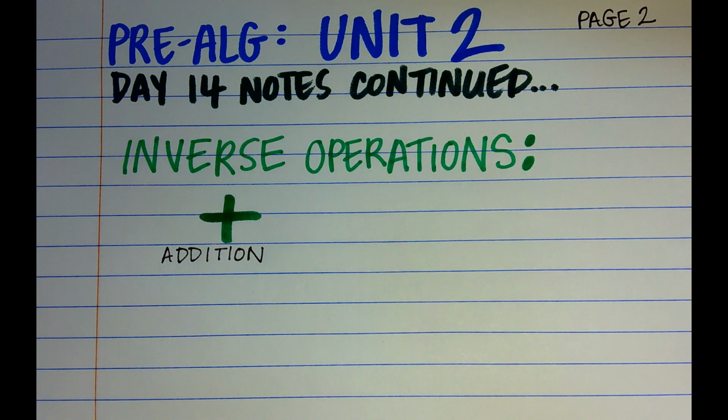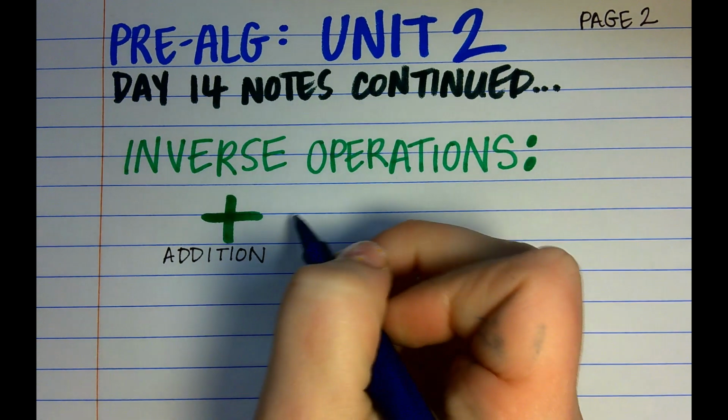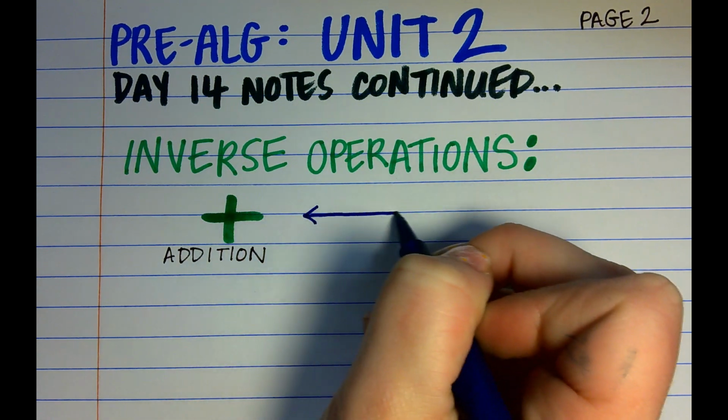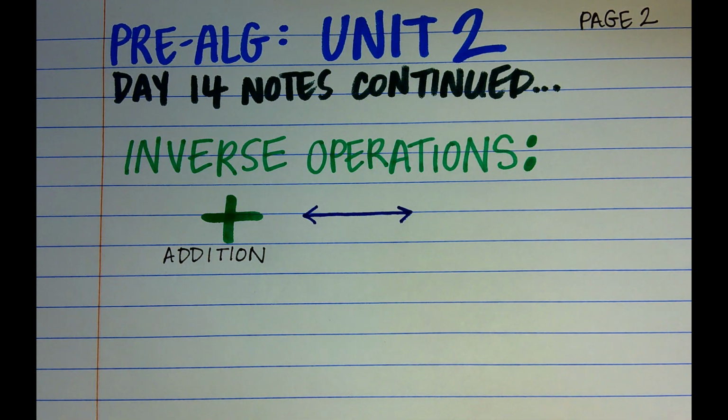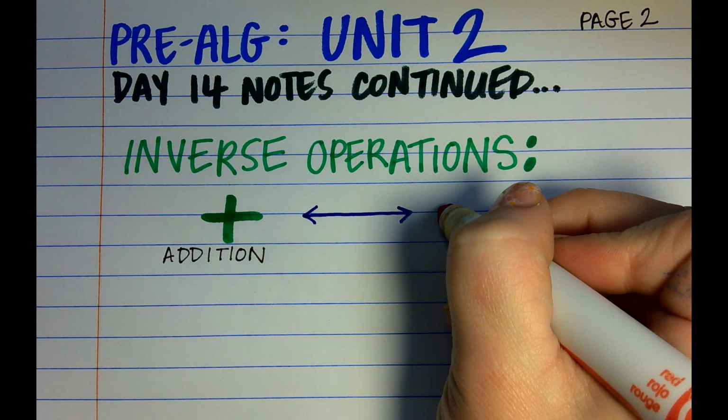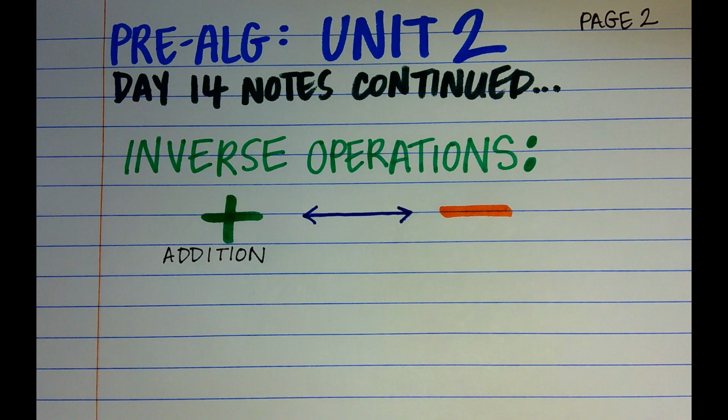What's the opposite of addition? Subtraction. Good. So on our little chart we're making, I'm going to draw a little back and forth arrow like this to say that these are opposites, and the opposite of addition is subtraction.